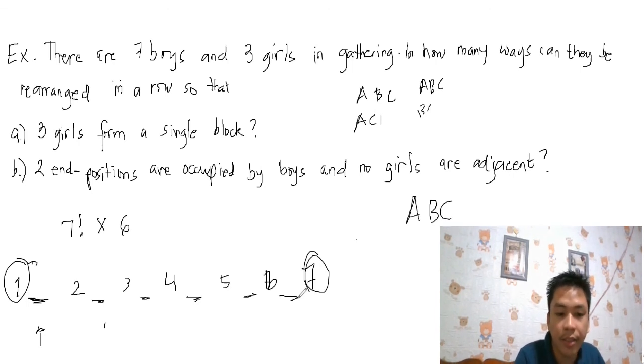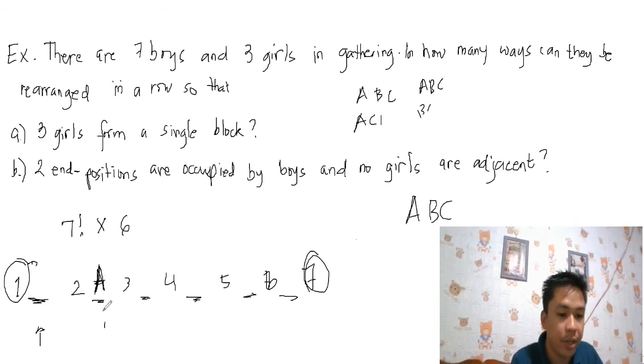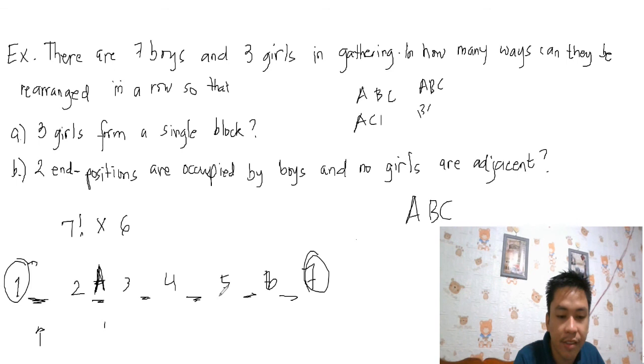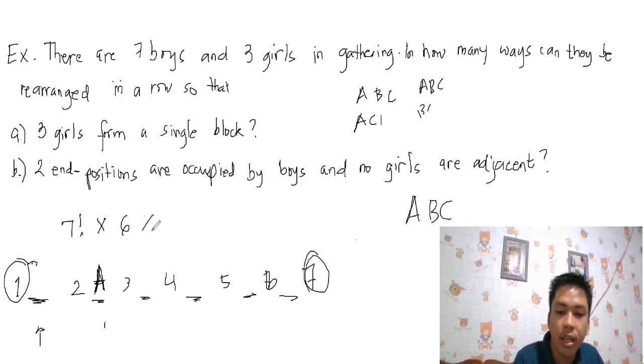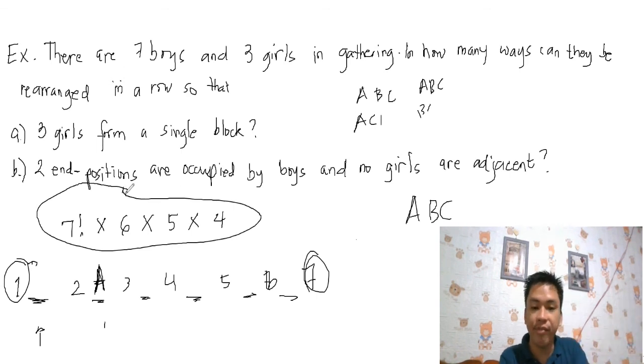Suppose the first girl, A, has already chosen this one. How many remaining spaces can the second girl choose? You have 1, 2, 3, 4, 5. So the second can choose 5. And lastly, the third can choose 4. Therefore, the number of ways to rearrange these persons is 7 factorial times 6 times 5 times 4.